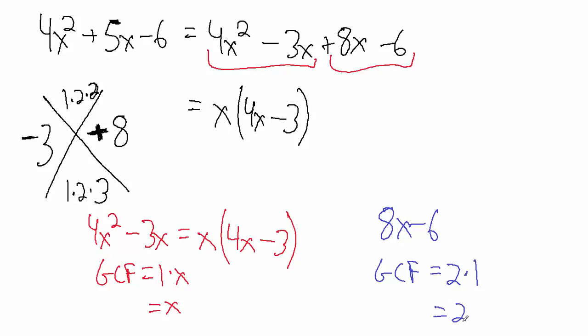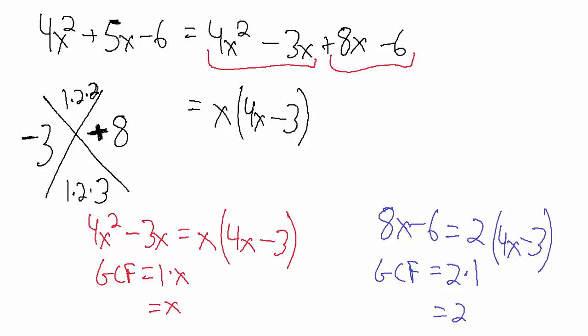So 2 times 1 is 2, so the GCF for the whole expression is just 2. So if we use that to factor, then what are we going to get? Well, 8x, factor out a 2, we're left with the 4x, and then minus 6, factor out a 2, we're left with the minus 3, which is what we're hoping to have, right? Because we had 4x minus 3 over here, so what's in the parentheses here should be the same as what's in the parentheses over here, and it is 4x minus 3.